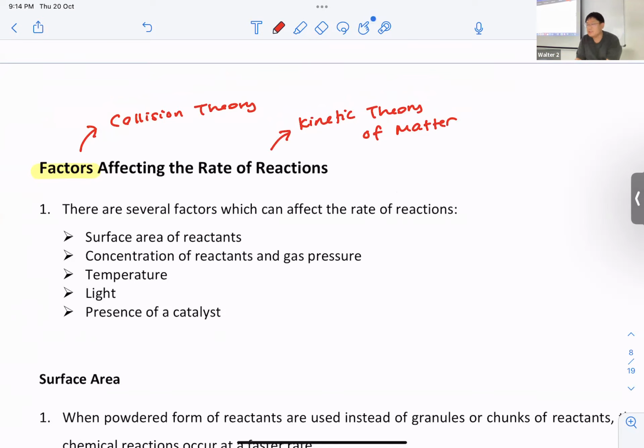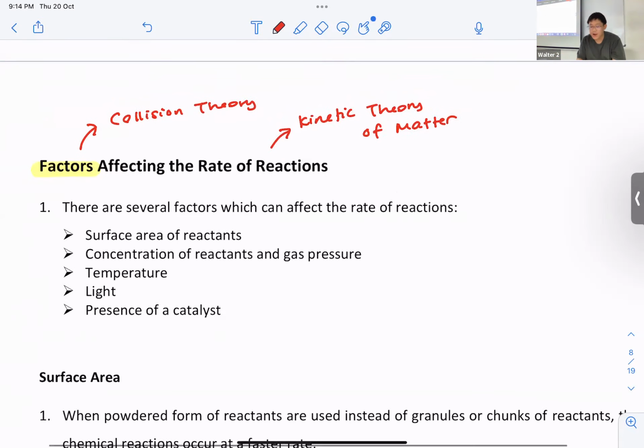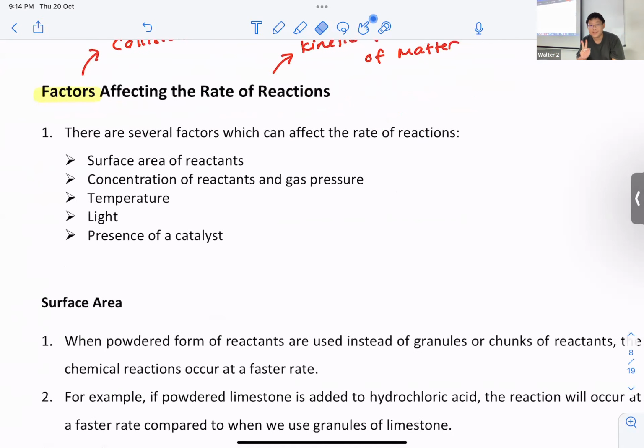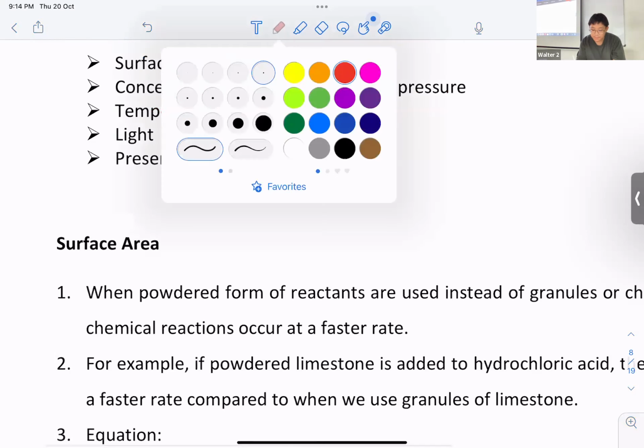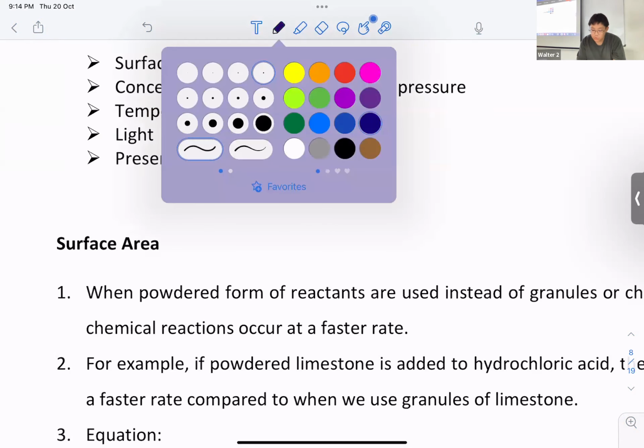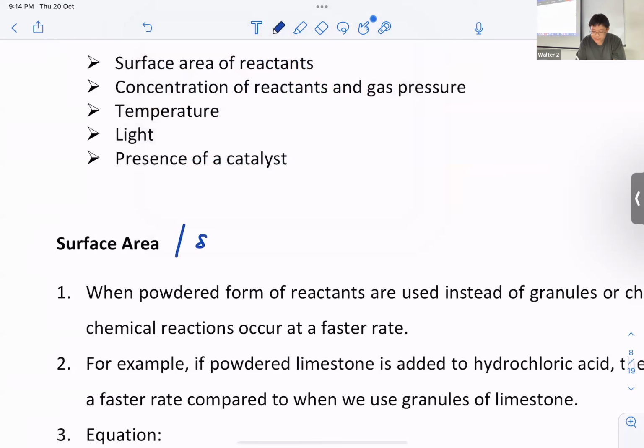Okay, let's discuss the first factor, which is called surface area. Now, for surface area, you need to be very aware of two different terms. There will be surface area, and there will also be size of particles.